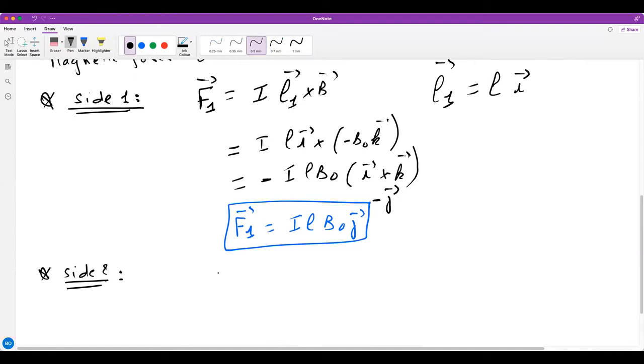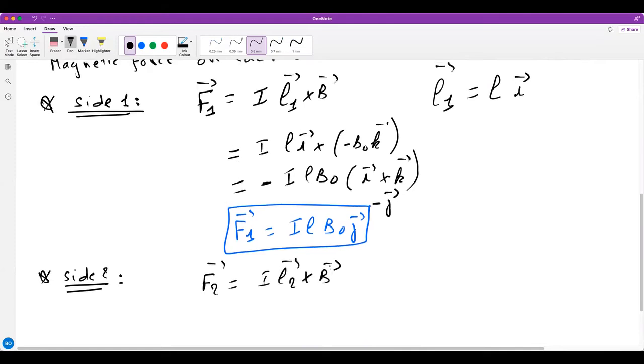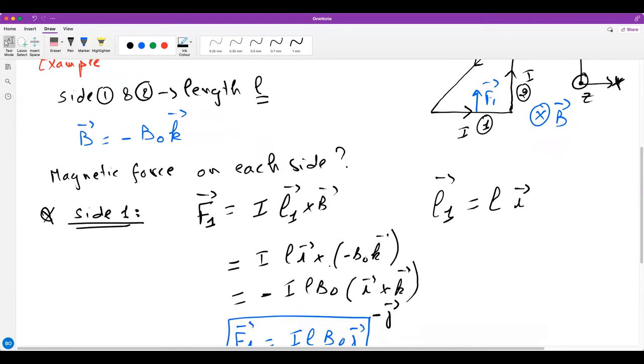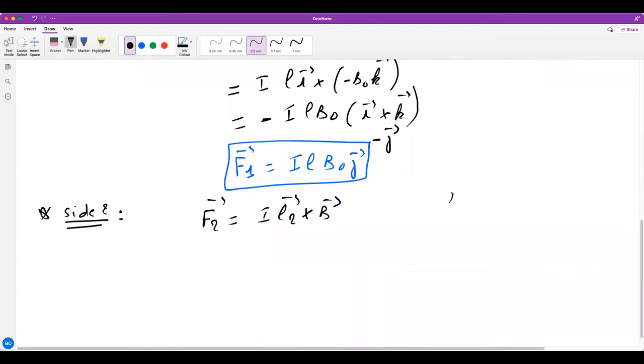Now, what is the force on side two? The force on side two, F2, is equal to I L2 cross B, but we know that the direction of the current in side two is j. So L2 is equal to L j.